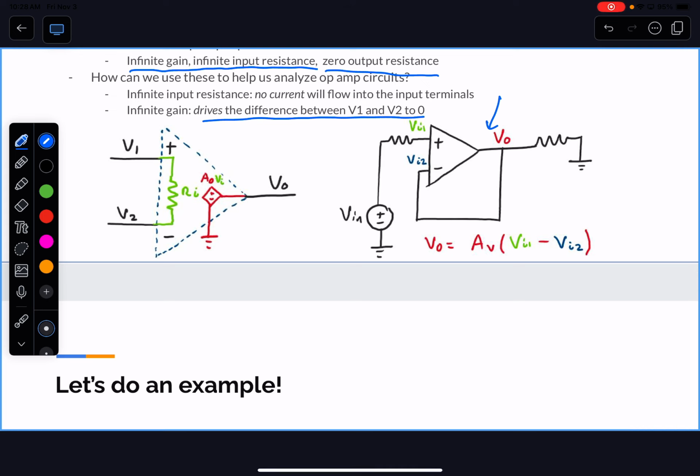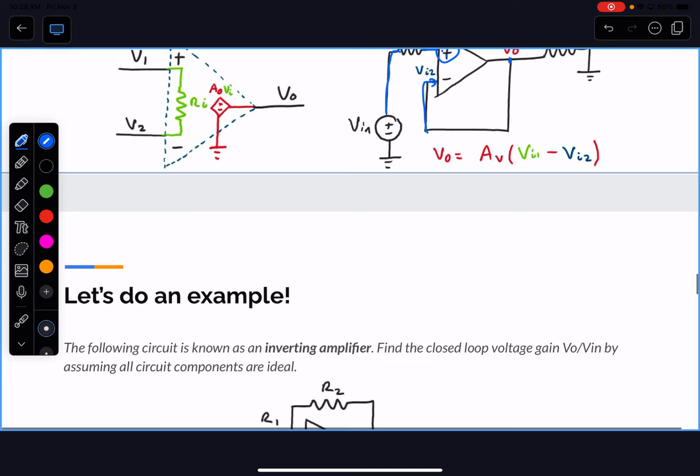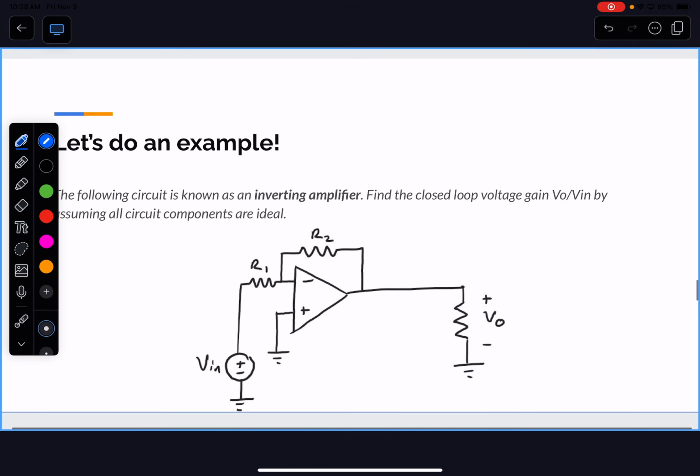The idea is that you're feeding your output voltage directly back as your input, forcing this to also be your output. So actually, your V in here is going to define what the output is. It's very interesting. We'll do an example real quick to show you how that works.